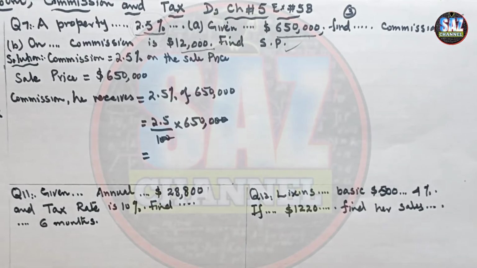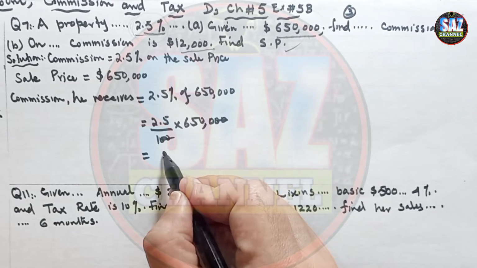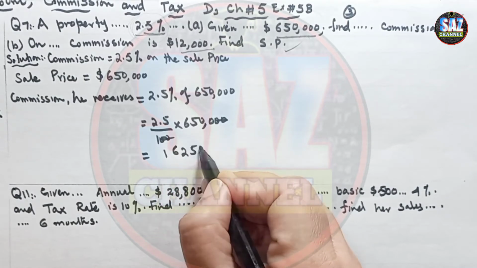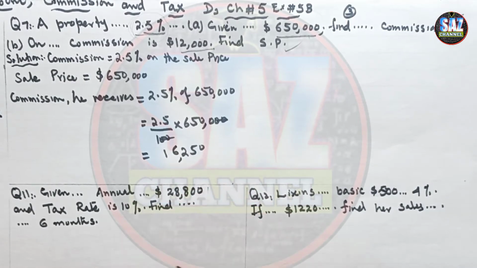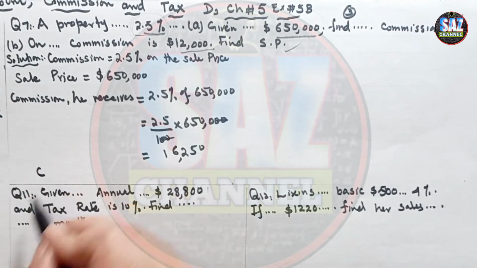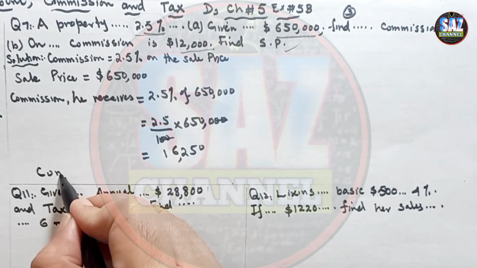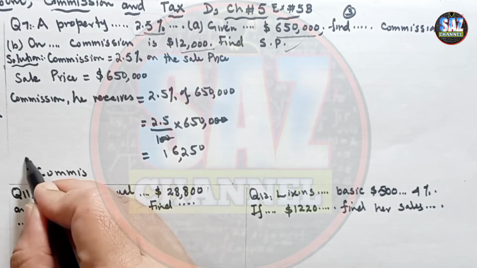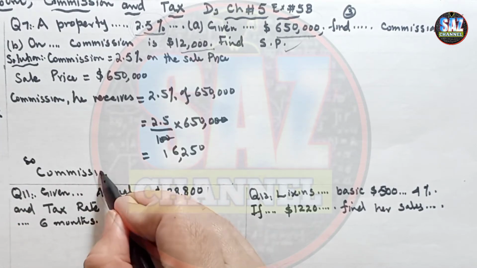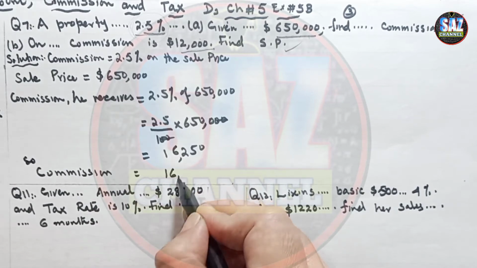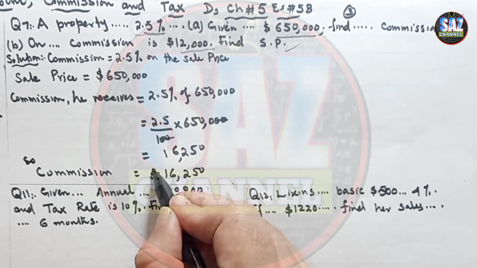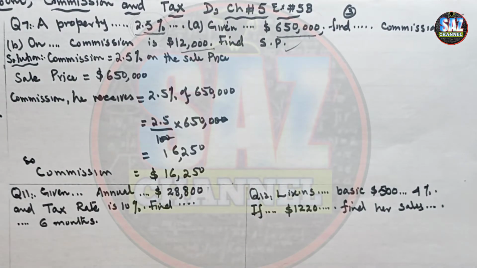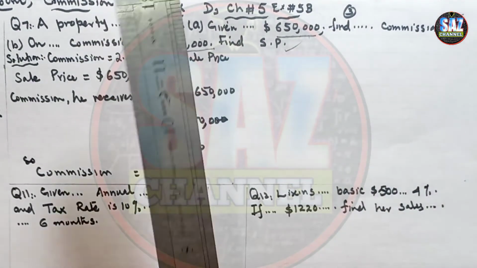So I will be left with 2.5 multiplied by 6,500, and this is $16,250. So the commission that he is receiving is $16,250. I hope you are clear about this part of the question.